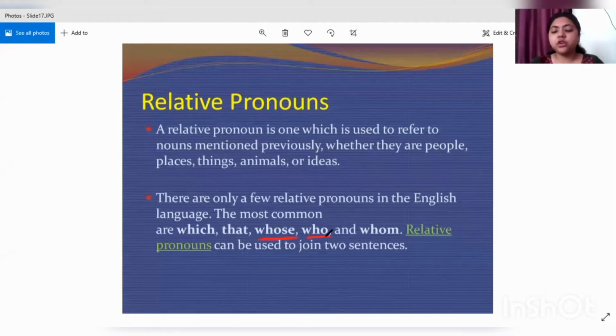So therefore we are using who, and whom is used when the noun is in the object form, the objective case. I'll show you the difference. Now see, I'll write two sentences.